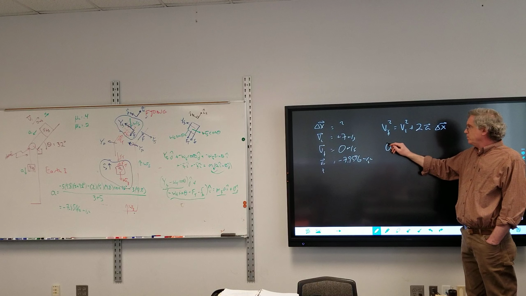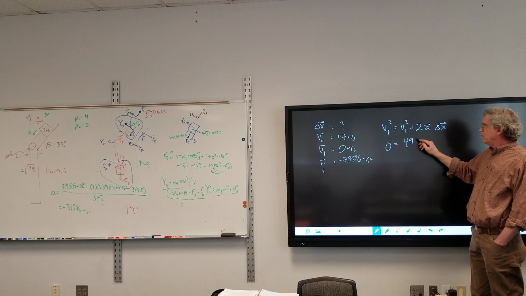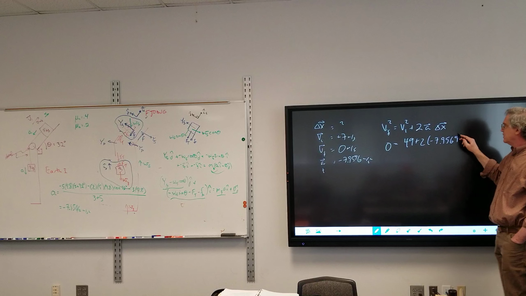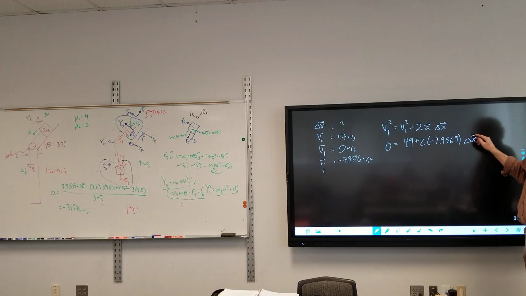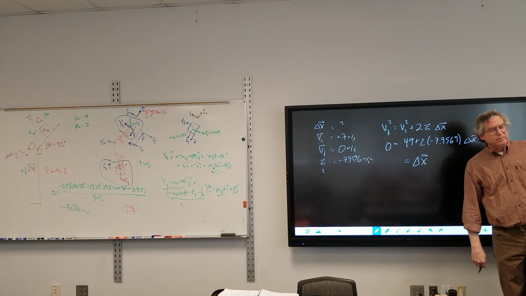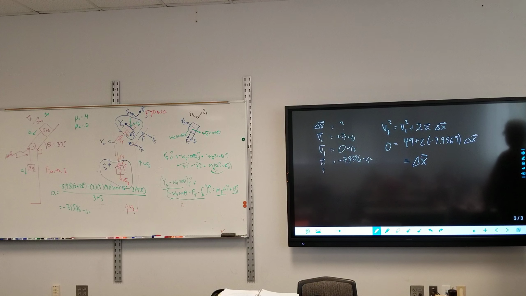All right, so we have 0 is equal to 49 plus 2 times negative 7.9596 times delta x. Should we expect delta x to be positive or negative? Positive, because it's going up the ramp and we established that to be the positive direction.